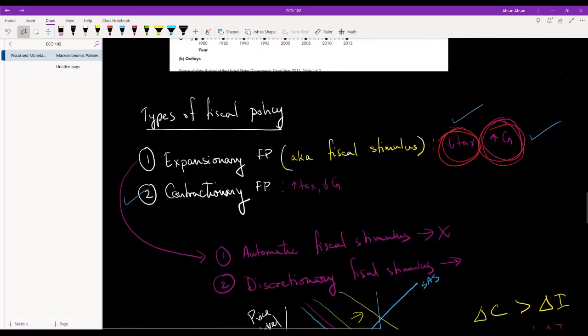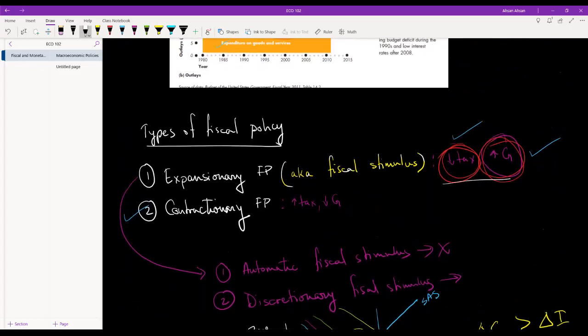Then we've talked about the two types of fiscal policy. One is where the government tries to reduce tax or increase their expenditure. So what happens under expansionary fiscal policy is that the budget deficit increases.